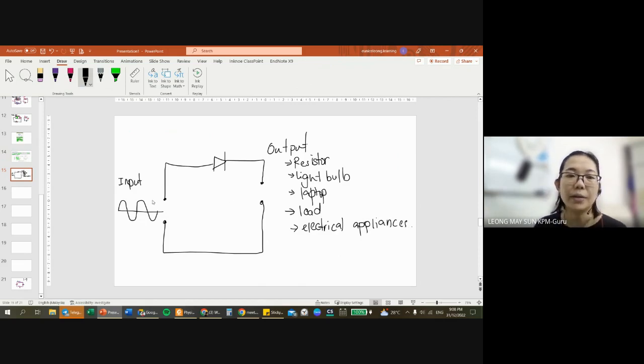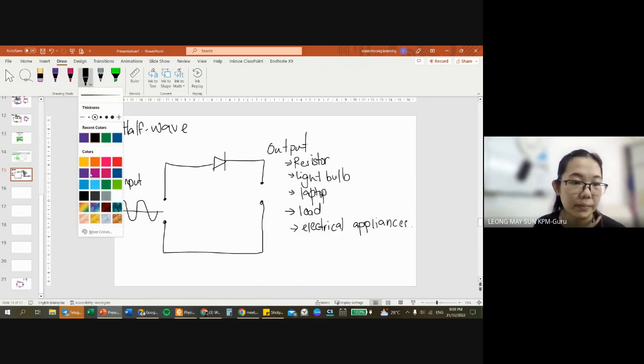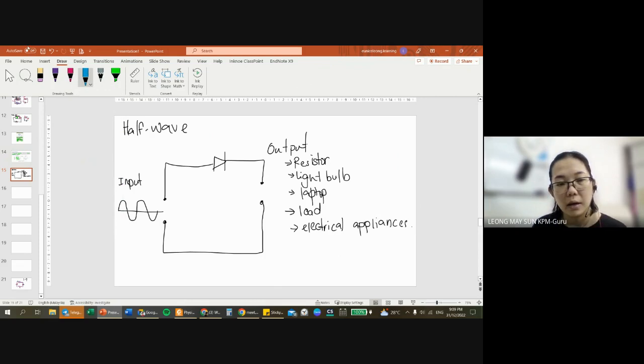Now, how does a half-wave rectification work? So this is half-wave. I need to remind myself that this is a half-wave. Okay, so let's start. Hopefully that's obvious enough. When the top part is positive, down here is negative, current will flow from the positive terminal towards here.